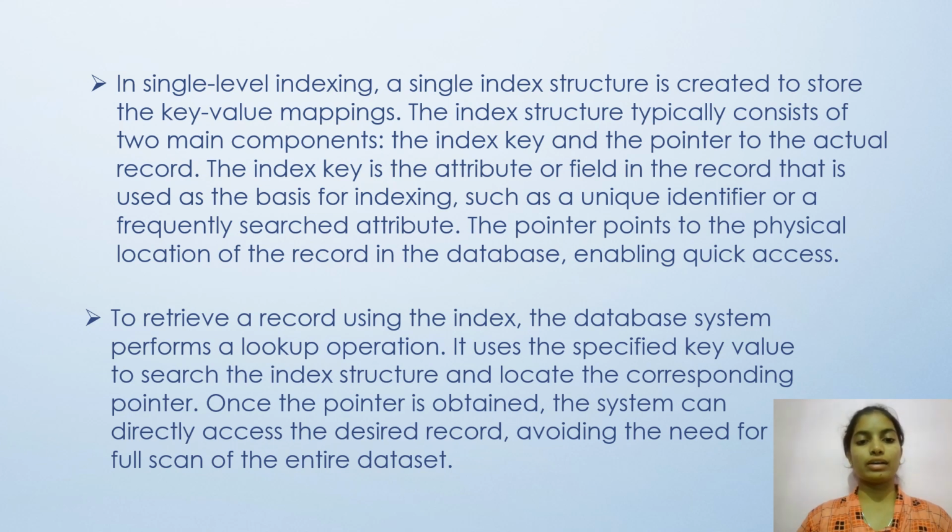To retrieve a record using the index, the database system performs a lookup operation. It uses the specific key value to search the index structure and to locate the corresponding pointer. Once the pointer is obtained, the system can directly access the desired record, avoiding the need for a full scan of the entire dataset.